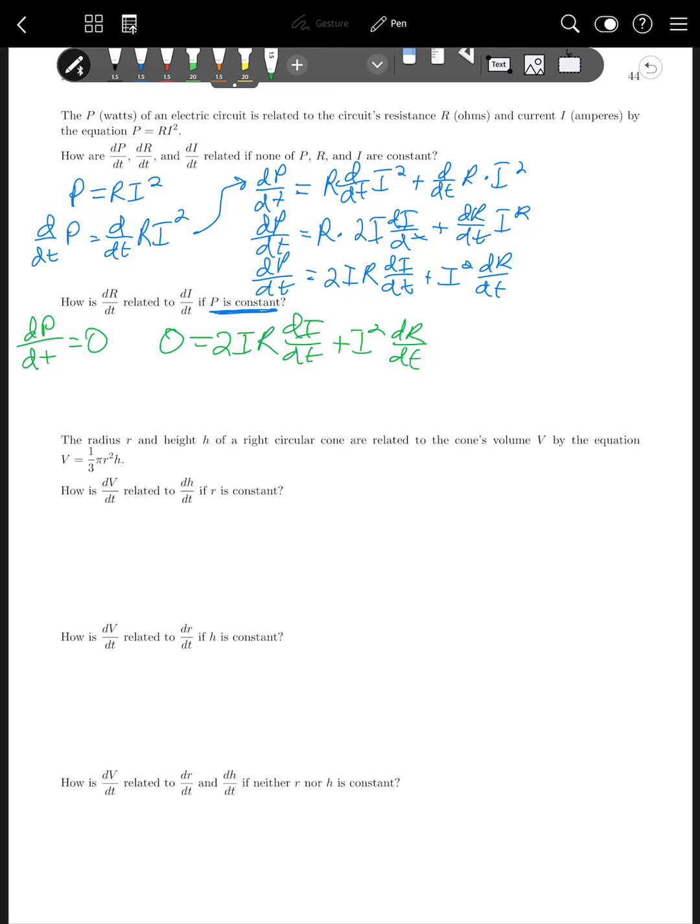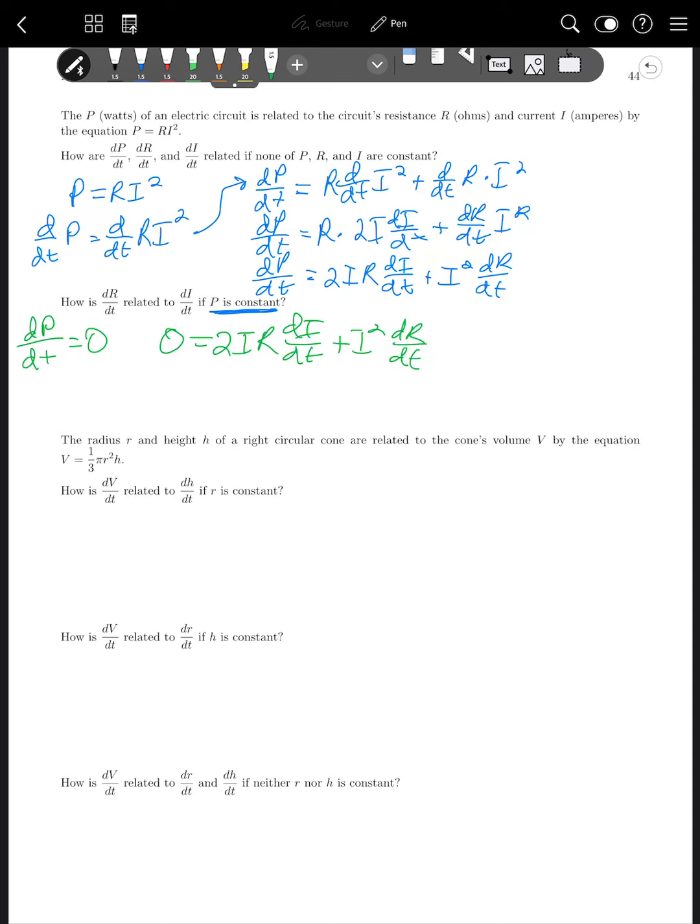So there's going to be slightly more work here. So the constant multiple is 1/3 pi h, and then we do the derivative of r squared with respect to t, which is 2r dr/dt. And so dV/dt ends up being 2/3 pi r h dr/dt.